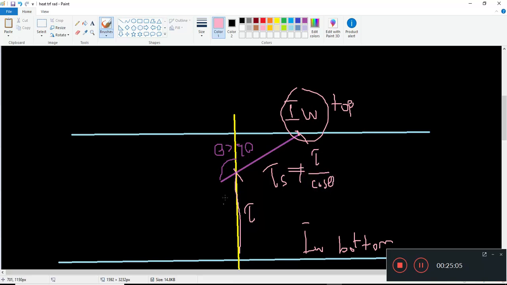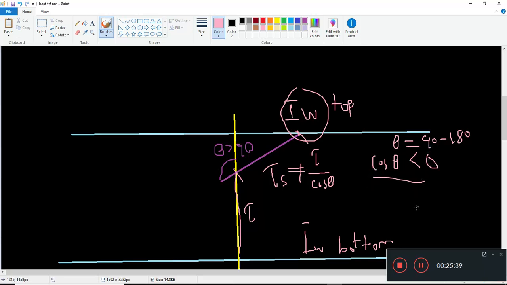Because for theta more than 90, or theta equals 90 to 180, cosine theta becomes less than 0.